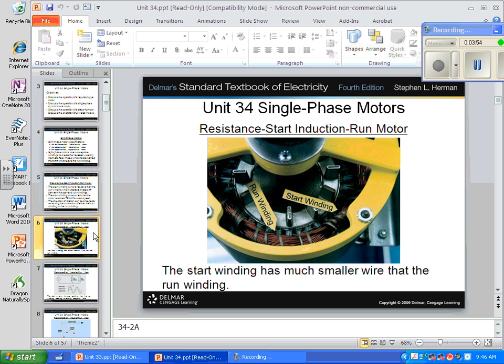Where is it? Now, you see this aluminum thing sticking up? That is your rotor. Right here we have the start winding, and here we have the run winding. Go back a couple slides.